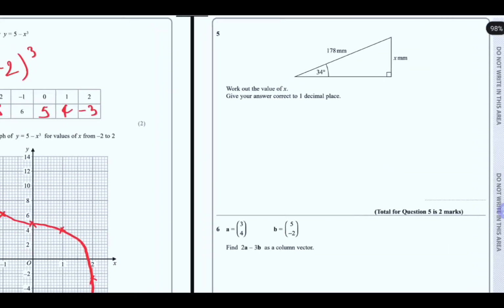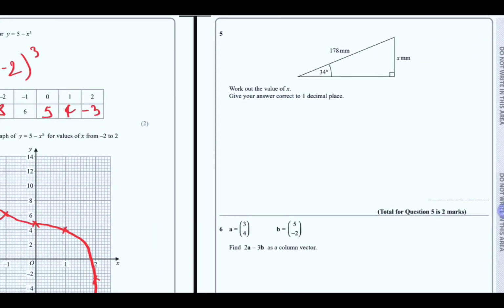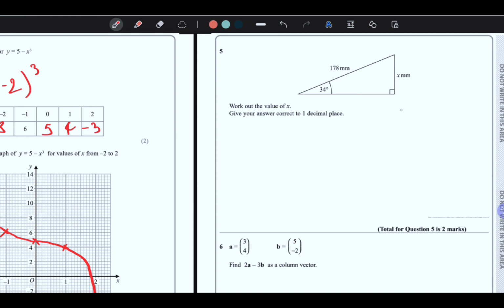Question 5. Work out the value of x. Give your answer correct to 1 decimal place. So here we can see we need to use trigonometry and SOHCAHTOA. So we can see that they've given to us the opposite and the hypotenuse. So that will be the sine function.